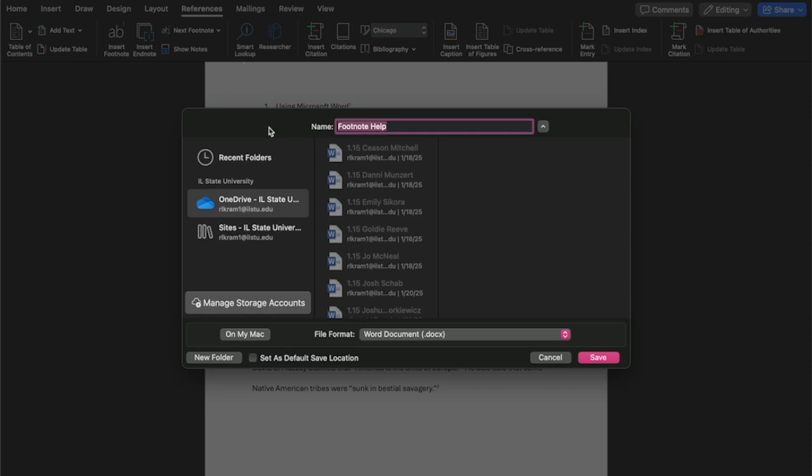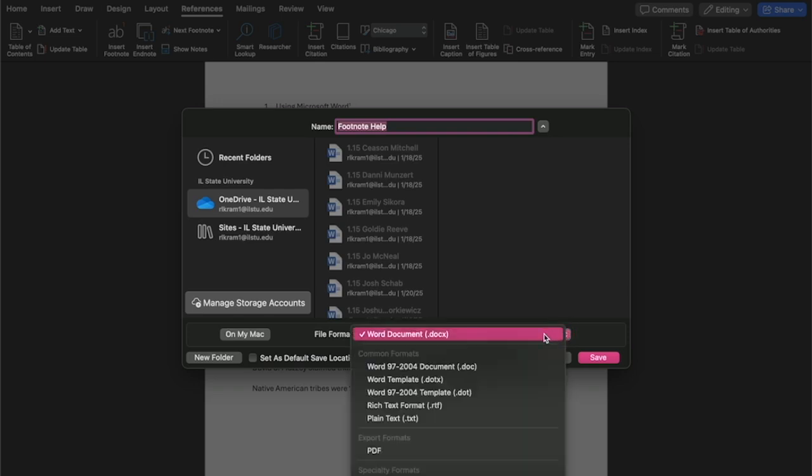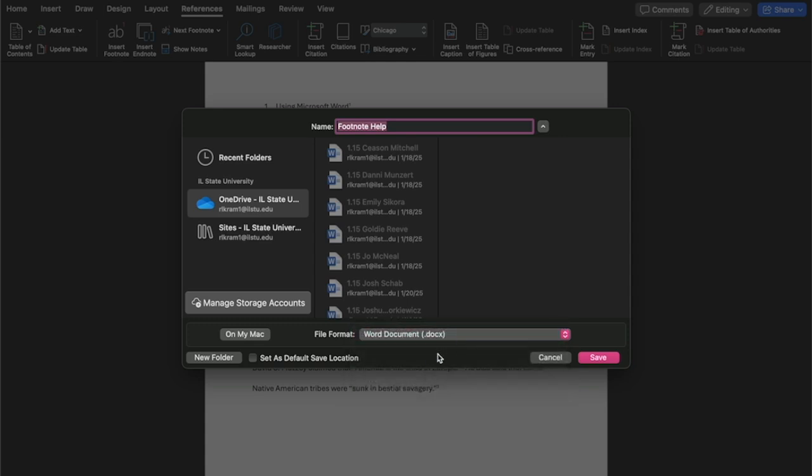And then the main thing, for me at least, is the On My Mac button. This button is super important, because if you just hit save right here, it's not going to help. It's not going to do anything, trust me. And then of course make sure that this says .docx. It automatically does that for me, but if it has it in some other format for some reason, just make sure you put .docx.